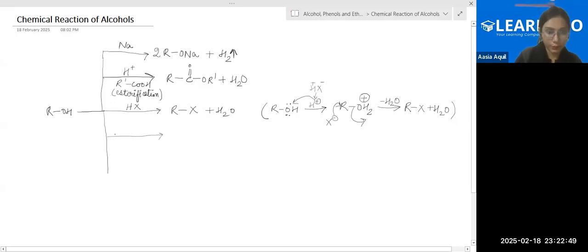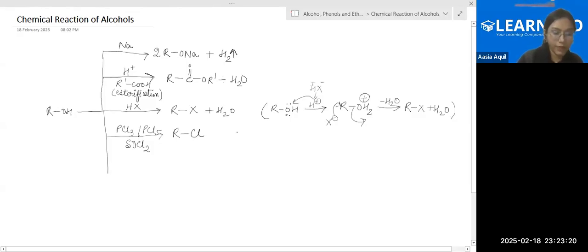The next reaction is with PCl3, or if you add PCl5, and this can also happen using SOCl2, that is thionyl chloride. With all of these, the alcohol will convert into alkyl halide, RCl.